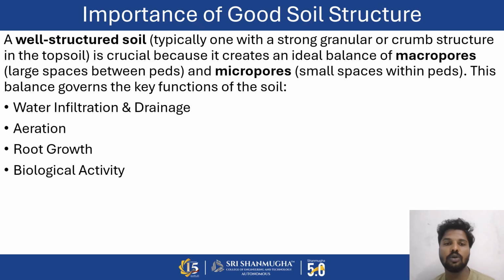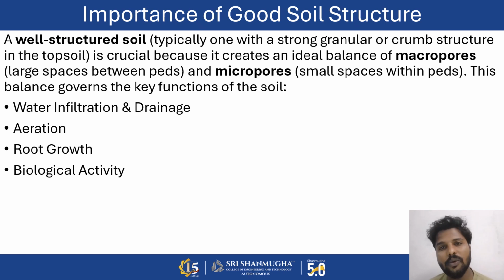The third one is root growth. The soil structure determines the ease with which plant roots can grow and explore the soil for water and nutrients. A well aggregated structure like granular breaks the soil into discrete units called peds. Roots follow the path of least resistance, primarily growing through the macropores that exist between these aggregates.